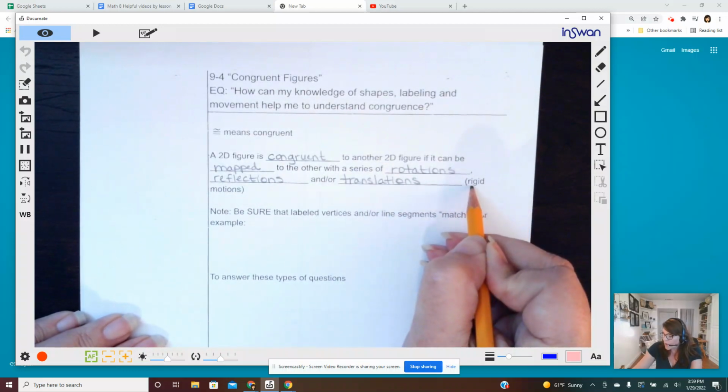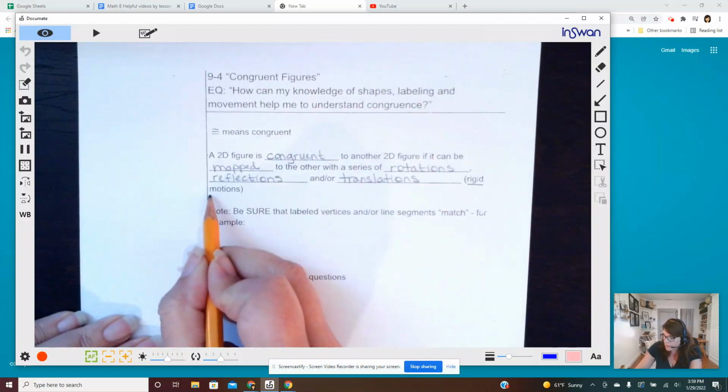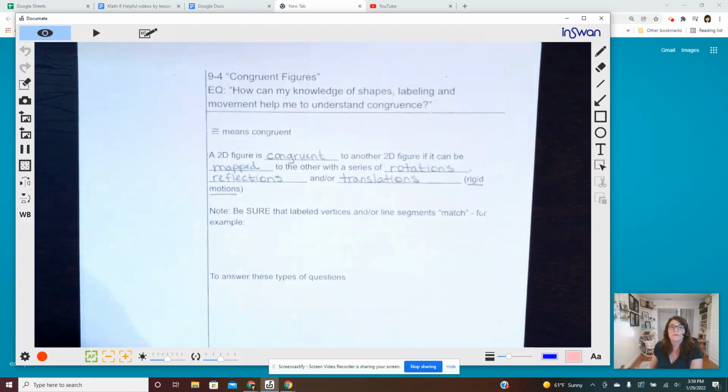Notice all of these are rigid motions. We're using our rigid motions to prove that two things are congruent.